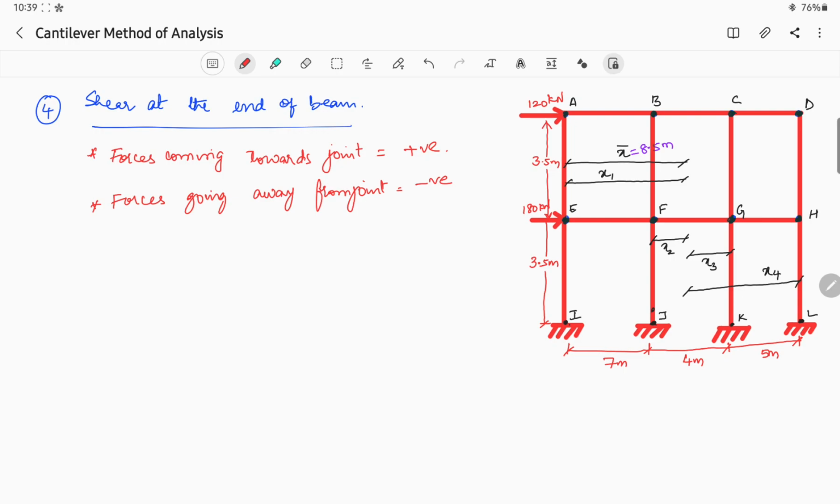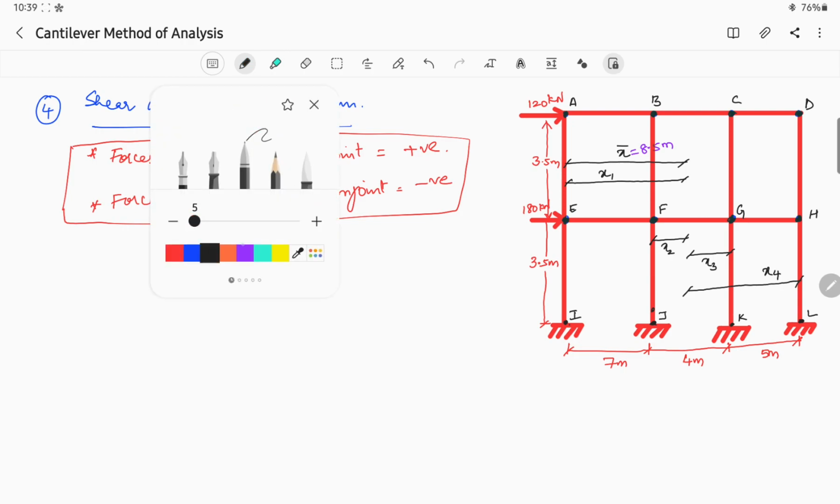This is the important term in case of the fourth step, the shear calculation at the beam. Right, so again we'll start our calculation from first story.